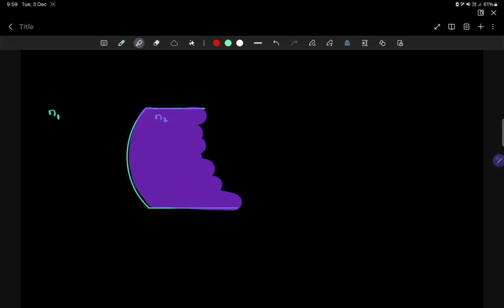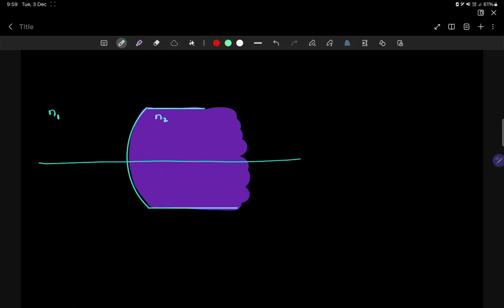Let's draw its principal axis in order to form the image. This is the principal axis. Let us consider this is our object O.